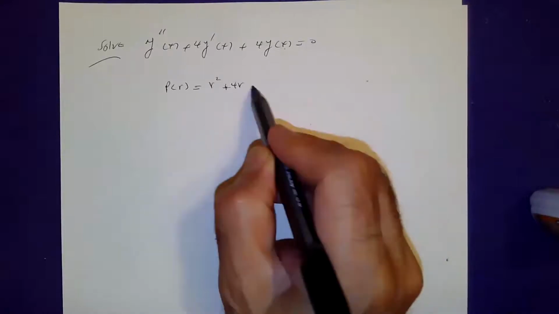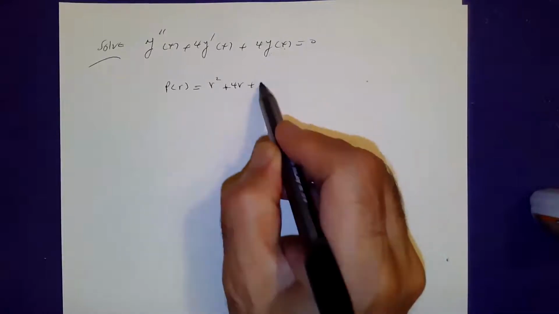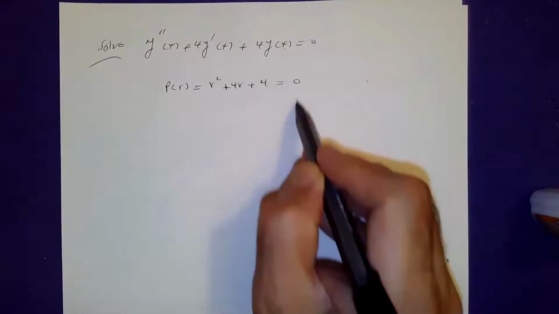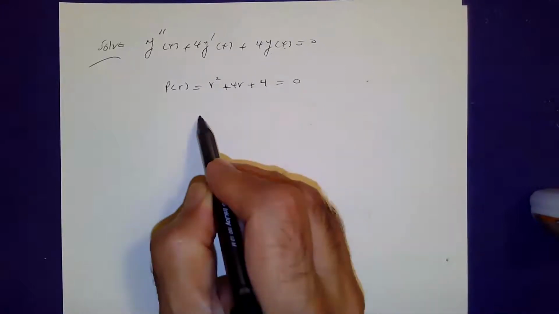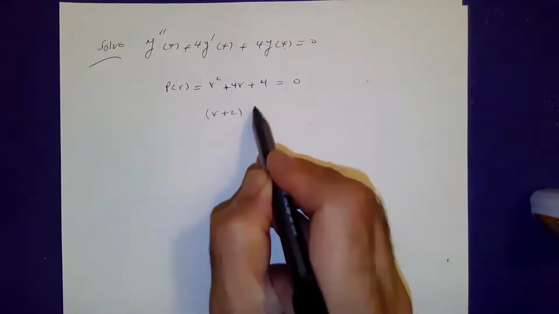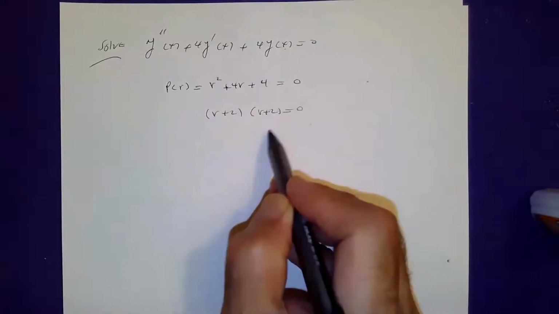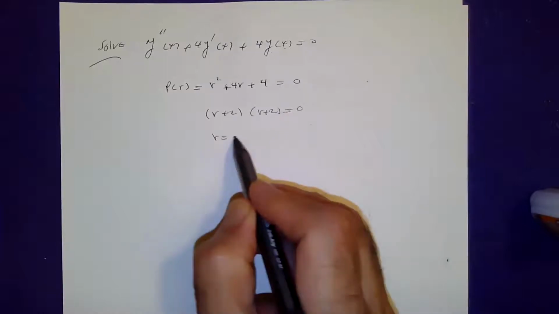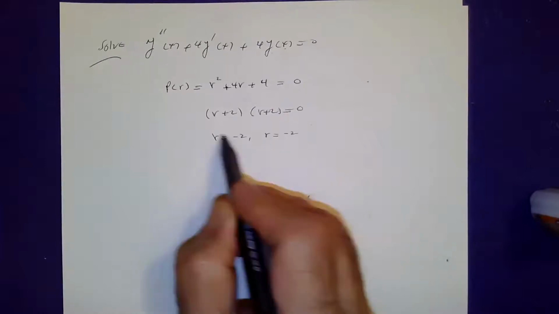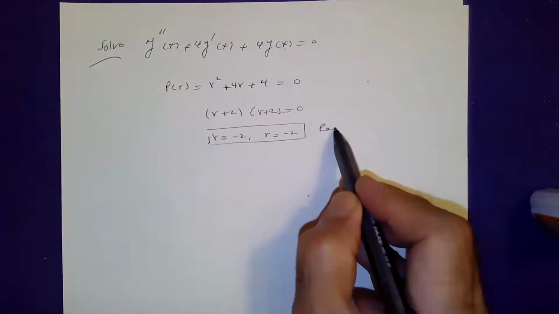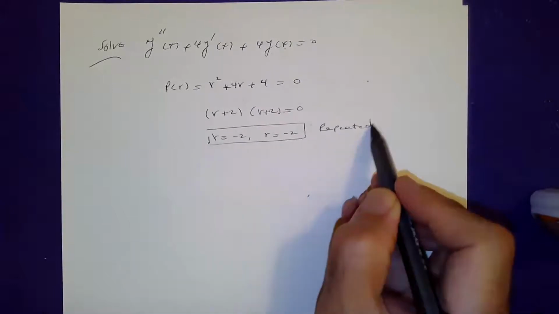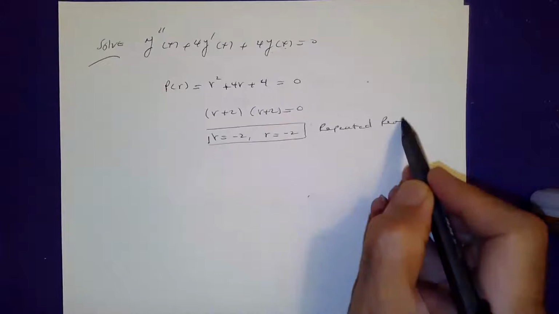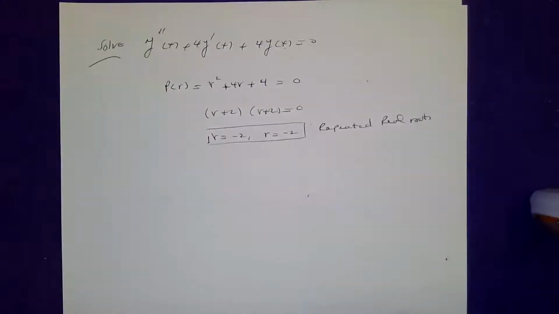I have a y here, so this guy doesn't take r, it's just 4. Set it equal to 0, factor this, and you get this guy twice. If you set these equal to 0, you get real roots, but repeated. Repeated real roots.